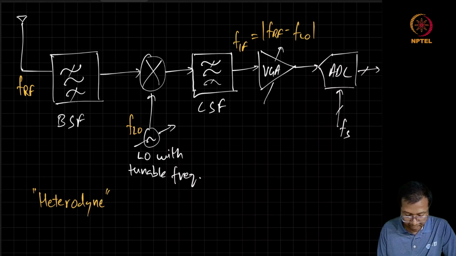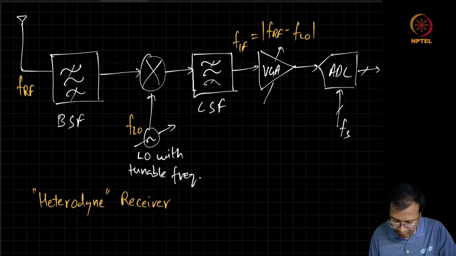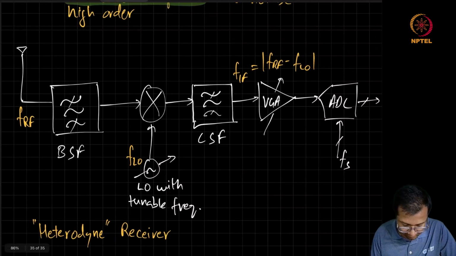Heterodyne means we are using more than one frequency. So here we can see that we start with some FRF and there is an intermediate frequency FIF. That's how this name has come, heterodyne. This frequency is called the intermediate frequency.